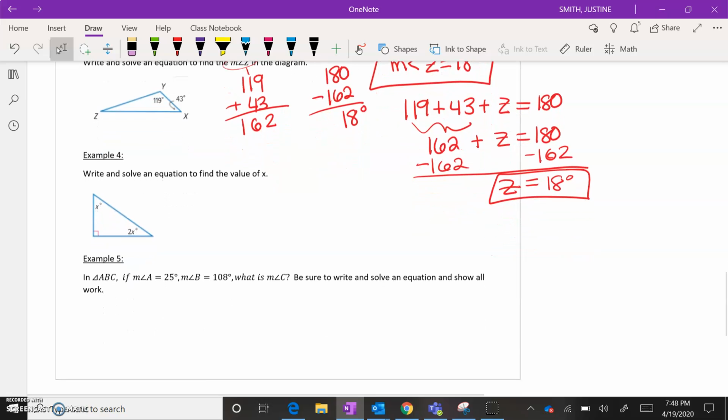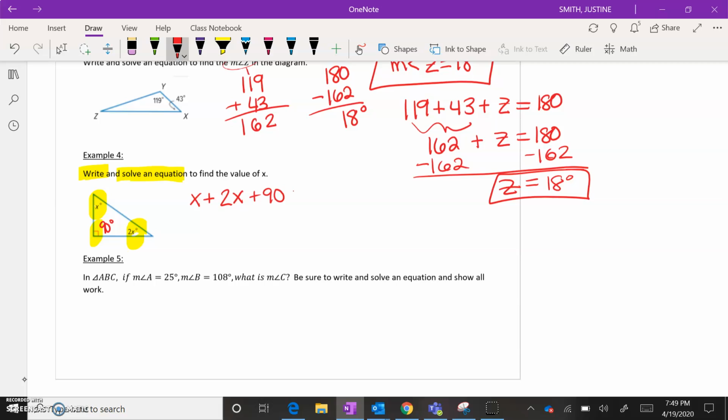Okay, the next example says write and solve an equation to find the value of x. So again, we do need to write and solve an equation. So we're going to add up all of the angles that we have here. So we have x, and we have 2x, and then we know that this is a 90-degree angle, so plus 90.